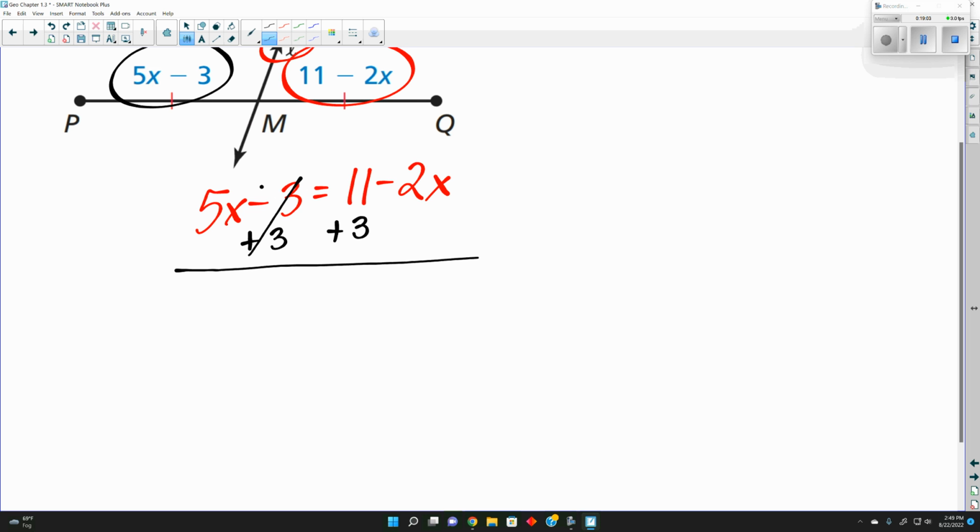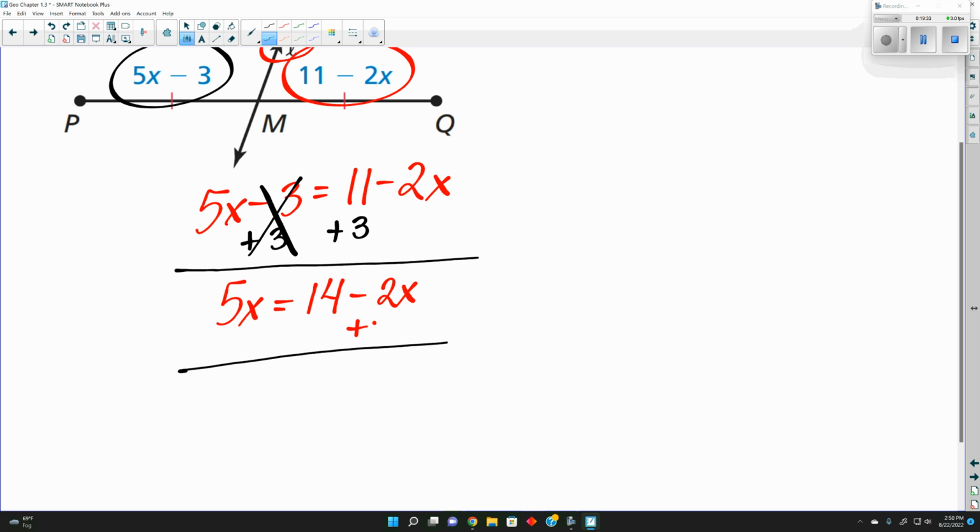Here, negative 3 plus 3 will cancel, telling us that we just have 5x on the left-hand side is equal to. Well, here we would add 11 and 3 because they're like terms. 11 plus 3 is 14 minus 2x. Almost. So is the 2x positive or negative? Negative, so we need to do the opposite operation.